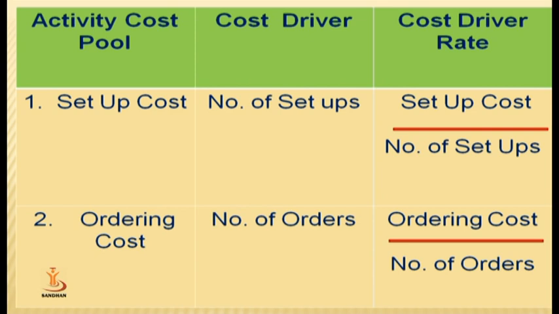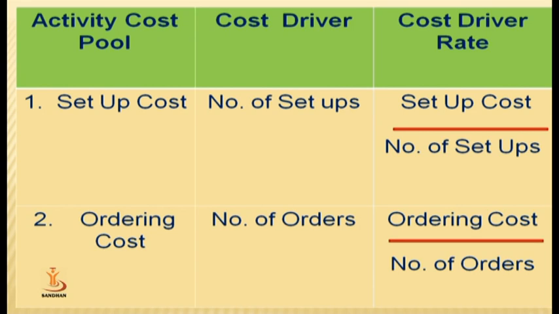So how is the rate to be calculated? As we have seen, there are so many activities, so we'll find out the activity cost pool. Whatever cost driver is identified, for example for setup cost, the cost driver identified is the number of setups. The cost driver rate is equal to setup cost divided by the number of setups.